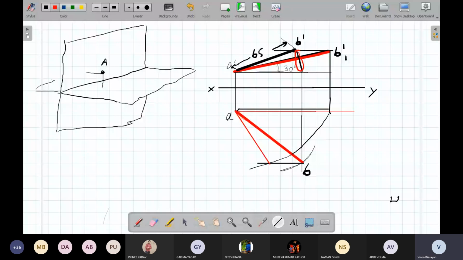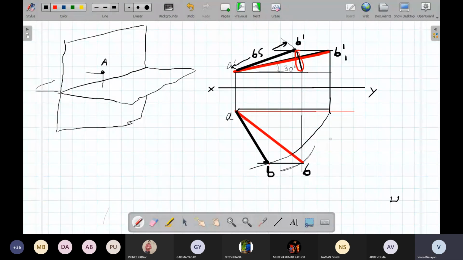I will use a black color and thicker line. So this will be my AB. So this is how we do question 8.